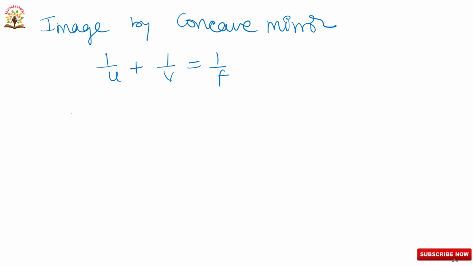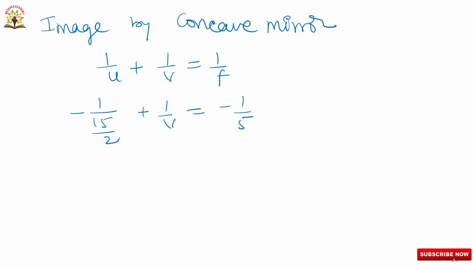Substituting values, minus 1 by 15 by 2 plus 1 by v is equal to minus 1 by 5. So now we are getting v.